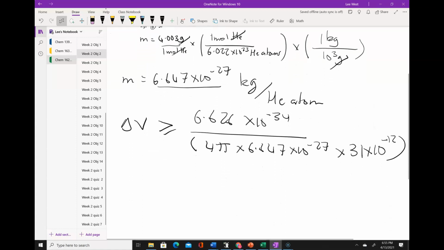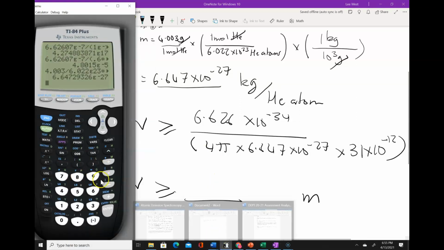So at this point, I'm going to get the uncertainty in the velocity. It has to be greater than whatever this is, and this is going to be returned in SI units. So let's see what we've got.